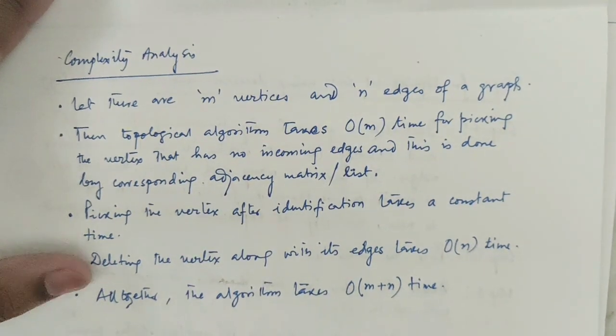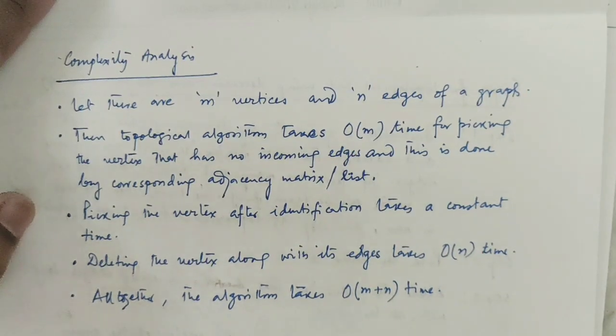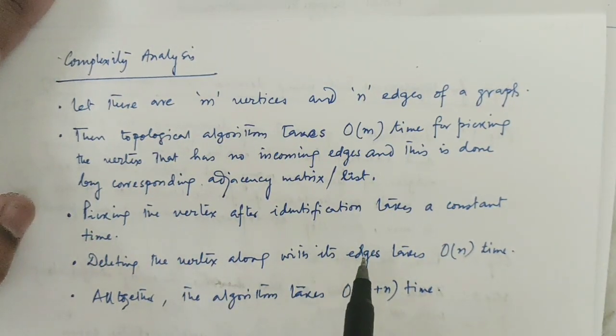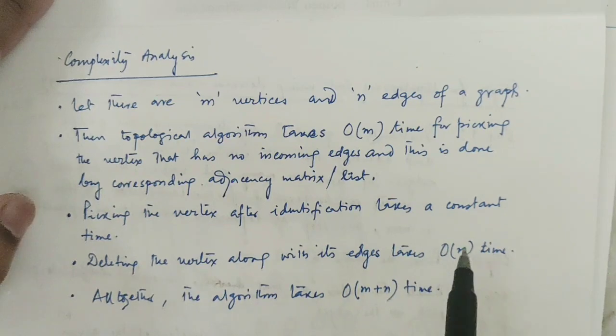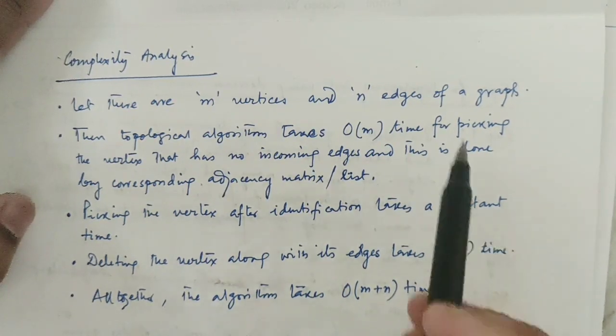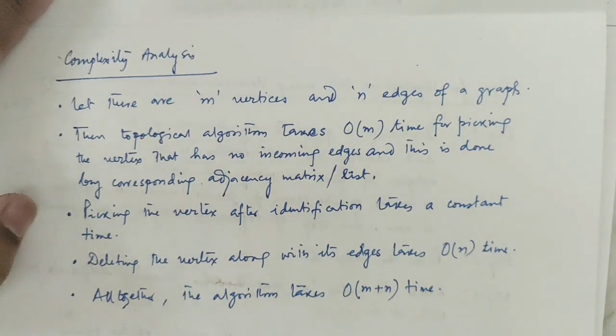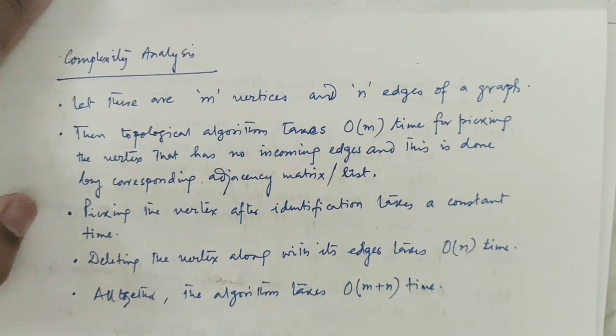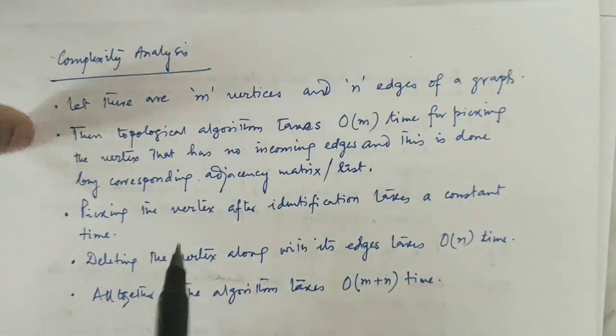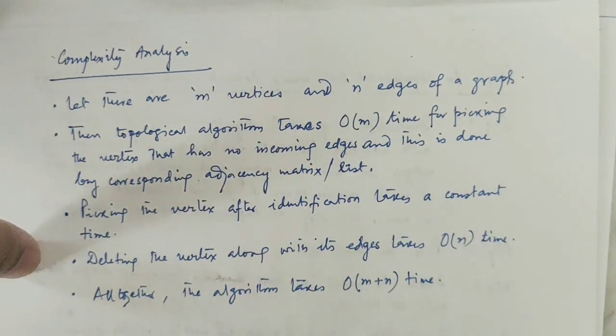That is the last procedure we followed. And picking the vertex after identification takes constant time. It is very simple. And deleting the vertex along with its edges takes order of n time, because there are n edges in the graph. So altogether the algorithm takes order of m plus n time. Total m vertices, n edges.